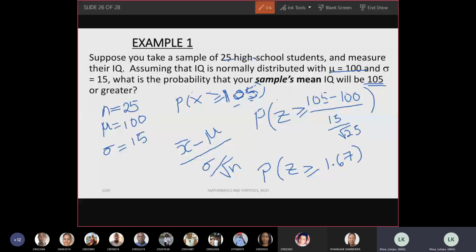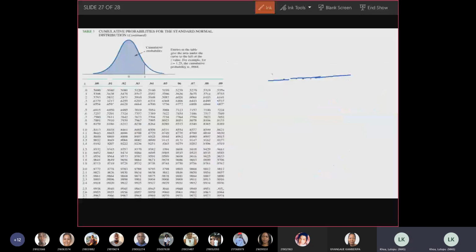Okay, so what we want to find from our table is this. So this is normally distributed. Now we say that right here at the center we have 0 and 1.67 will be somewhere here.